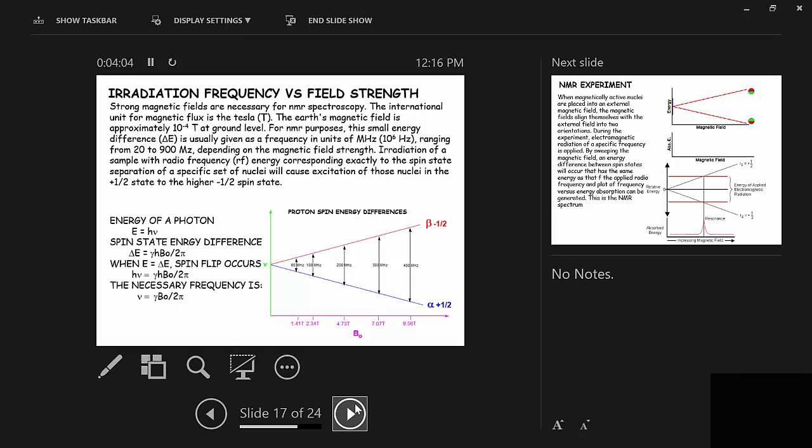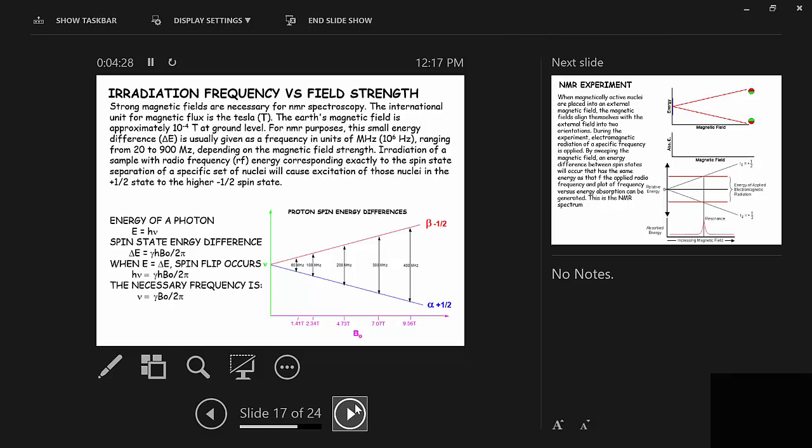After the earthquake, Santa Monica got a 200 megahertz magnet. But their magnet requires a lot of maintenance because that's a superconducting magnet. Our magnet doesn't require much maintenance. It just sits there. However, the electronics of the NMR do require maintenance, and unfortunately the electronics of the NMR are damaged.